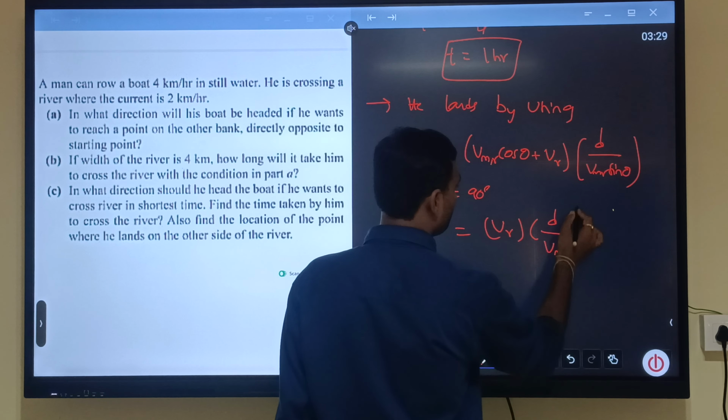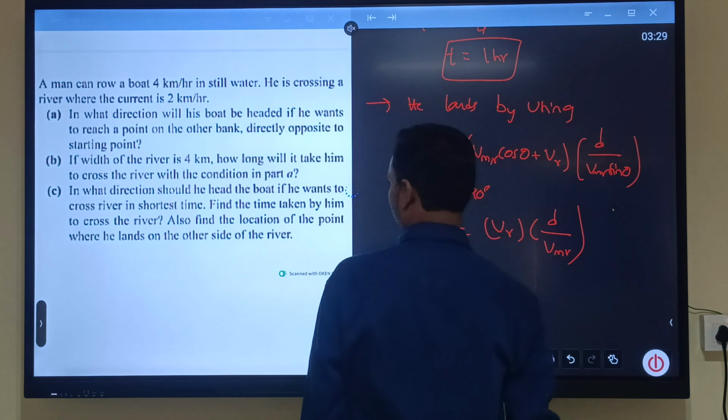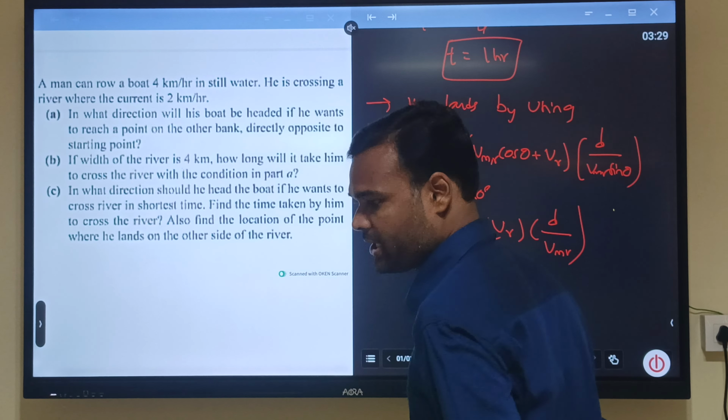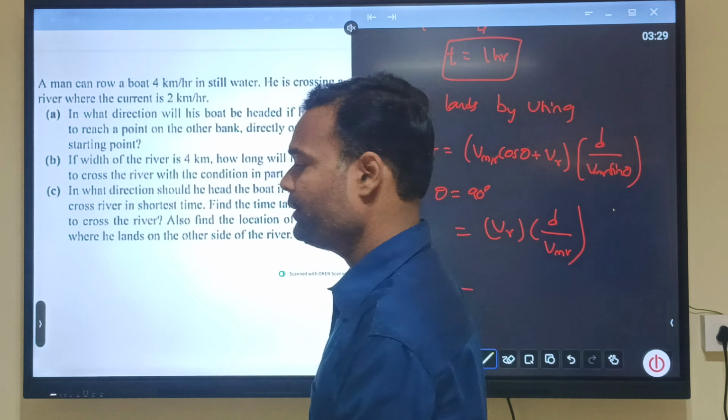Then vr is equal to the velocity of the river. Here the velocity of the river is 2 kilometers per hour, velocity of man is 4 kilometers per hour, and d is 4.